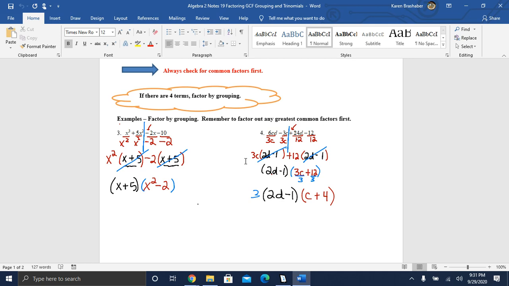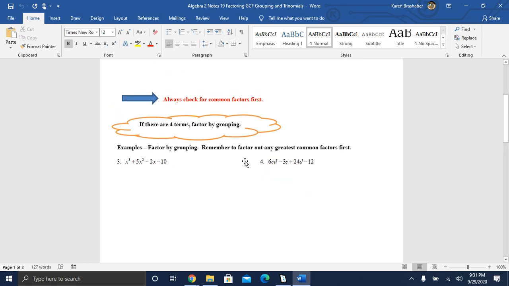And so that would be my final answer. You must have that 3 on the outside. All right, so that's what we do when we have 4 terms. It's called factoring by grouping. We will turn your paper over and work on what we do when we only have 3 terms.